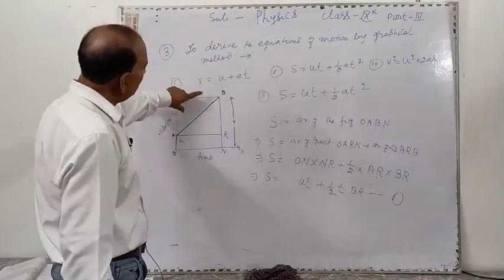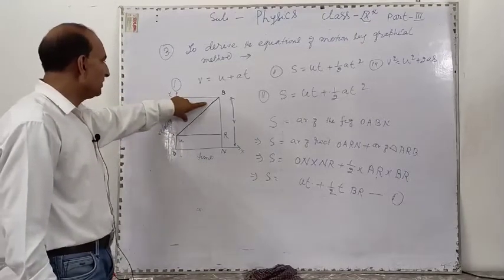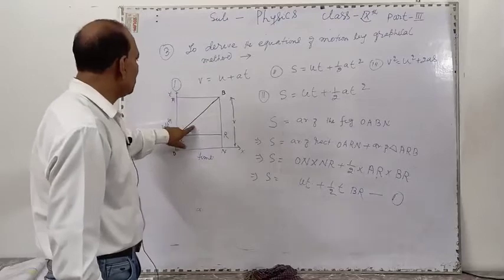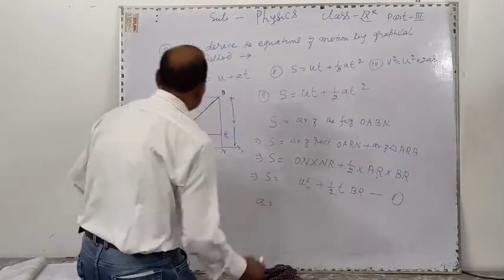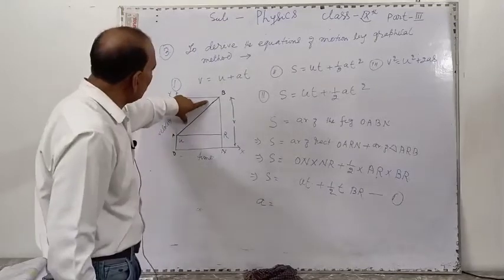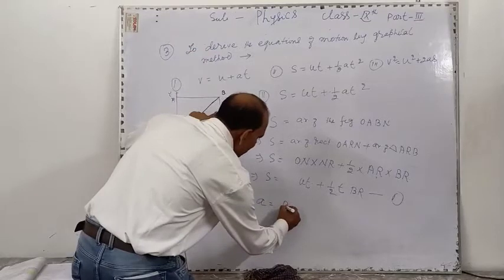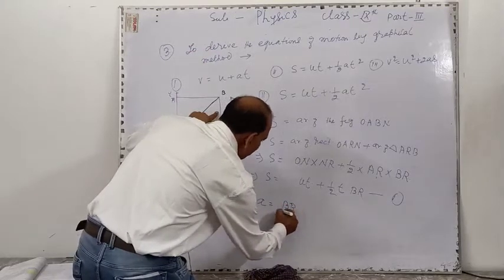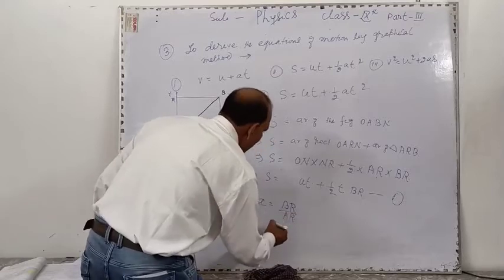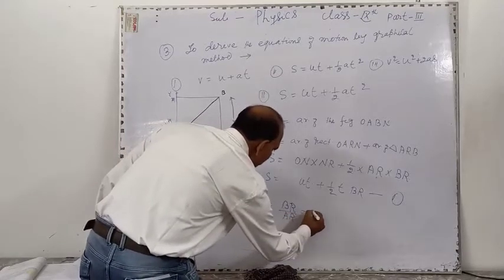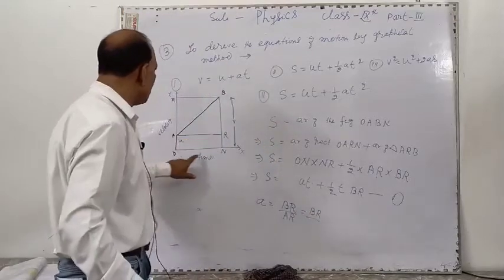You know that the acceleration of a moving body, which can be calculated from the graph, is equal to the slope of the graph, that is BR by AR, which is equal to ON.